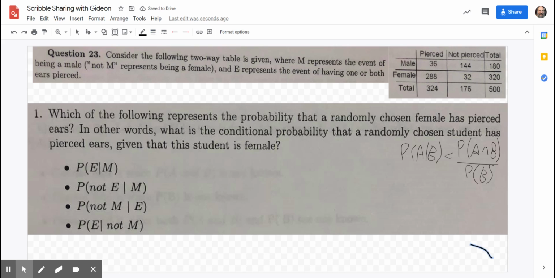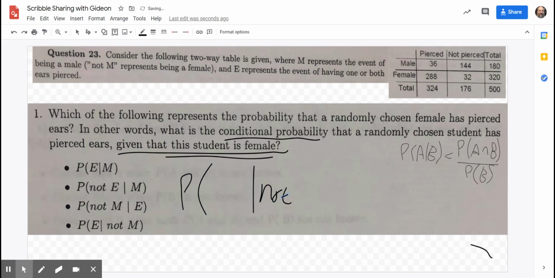In other words, what is the conditional probability that a randomly chosen student has pierced ears, given that this student is female? Given that the student is female. So right there, we know that our conditional probability is going to end with given that the student is female, which we're calling not male, just for convenience, E and not E, M and not M. So we're done.